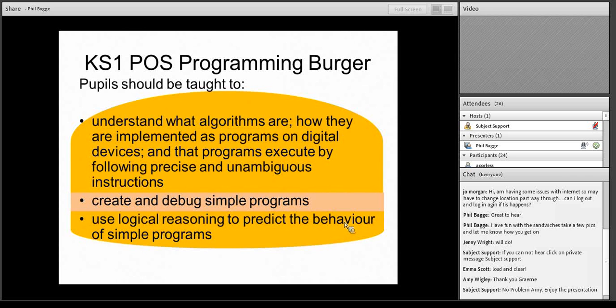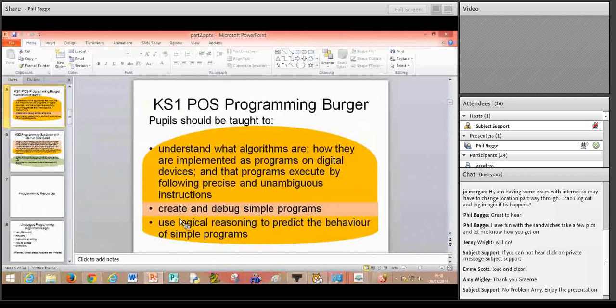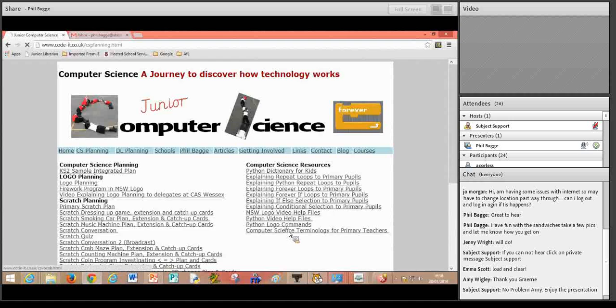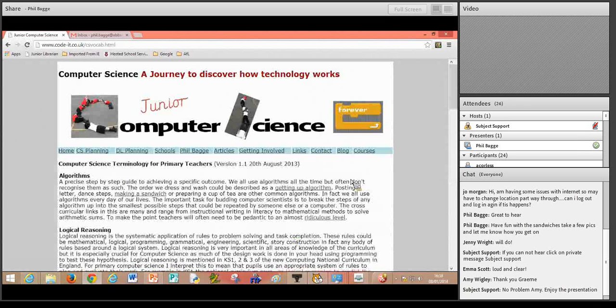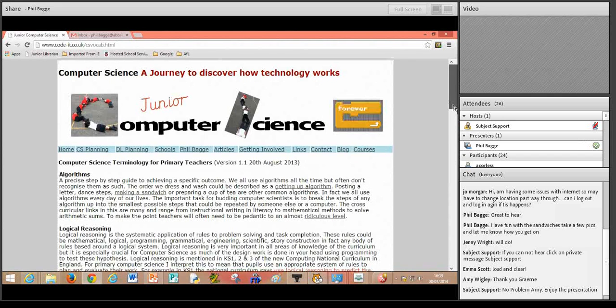And then, of course, we've got the second part of the burger, the bottom bit. Use logical reasoning to predict the behavior of simple programs. And in Key Stage 1, when we talk about logical reasoning, I'll just refer you briefly back to some work I've got on my website, computer science terminology for teachers, which you can get from my website, code-it.co.uk.